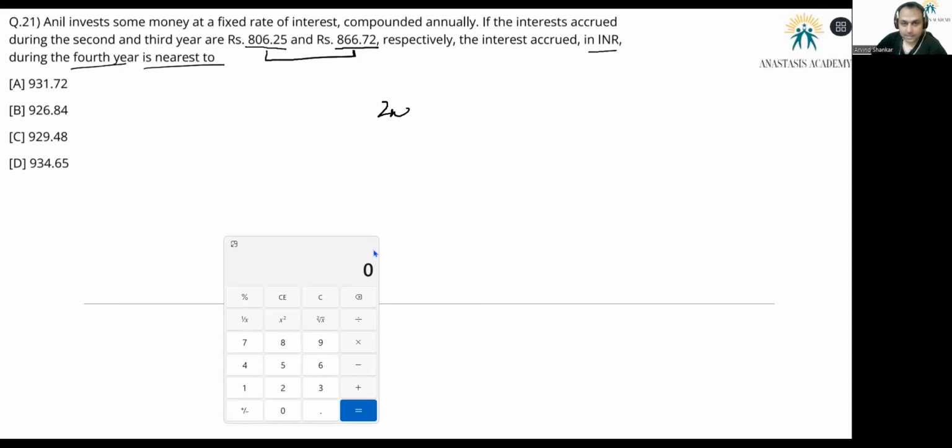Our second term is 806.25 and the third term is 866.72.